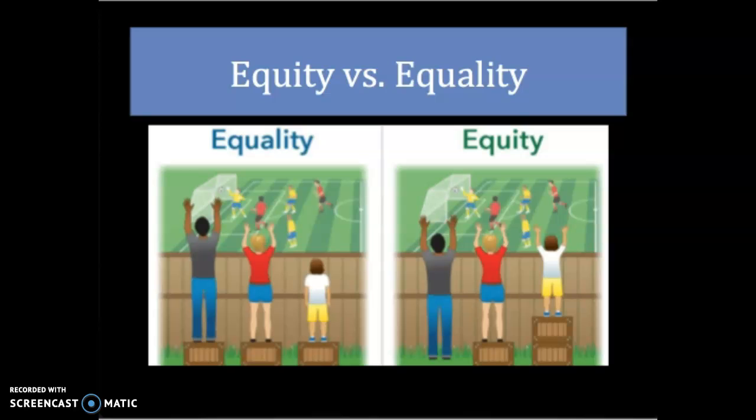On the left, they are all given the same boxes to stand on. However, the person on the right is still at a disadvantage because they're still not able to see, while the person on the left has the box but doesn't even need the box. So this is a really great picture explaining it. So let's look further.